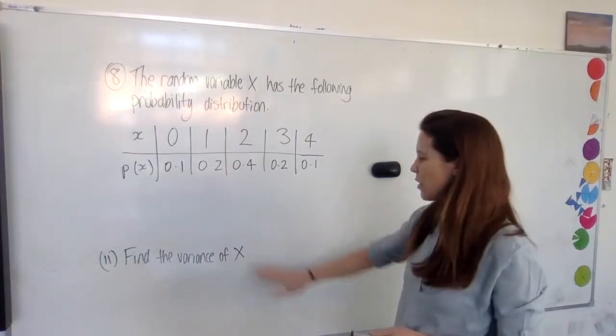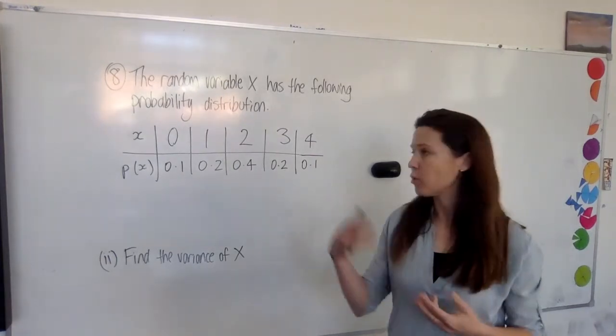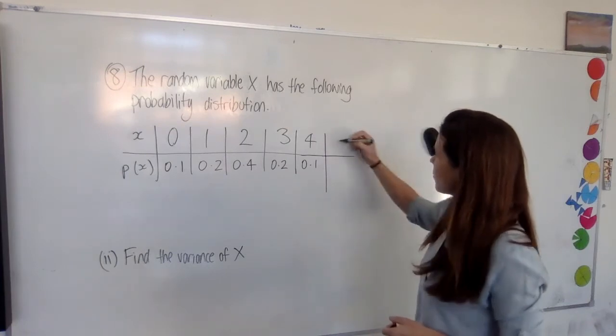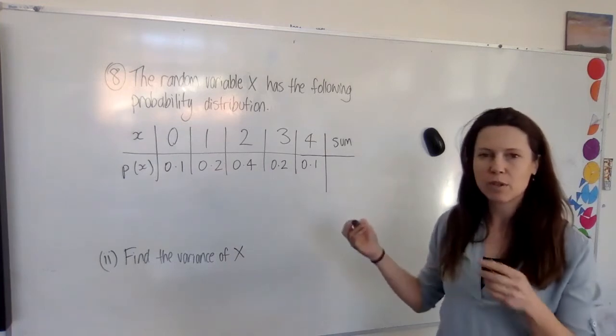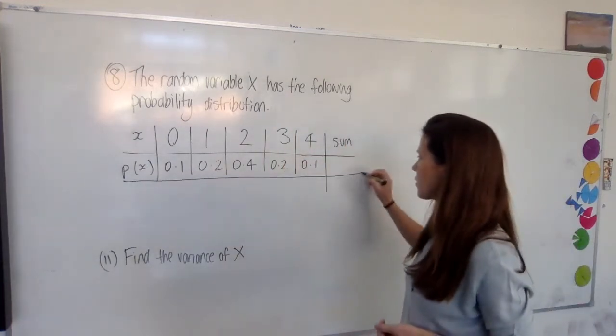Now part 2 says to find the variance of x. Now you've got the choice of formula 1 and formula 2. You need to add some more rows and some more columns here. We're going to need the sum, no matter which formula we use. Now when you're trying to decide which one to use, I try to wait until I've actually got the expected value to decide.